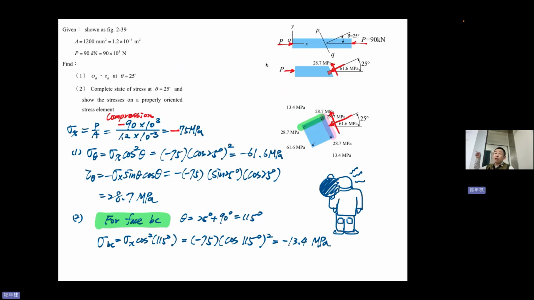So you know that 13.4 megapascal is compression. Okay. And then of course you can do tau BC. But do we need that? Actually, we don't need that because we know that they come in pairs.